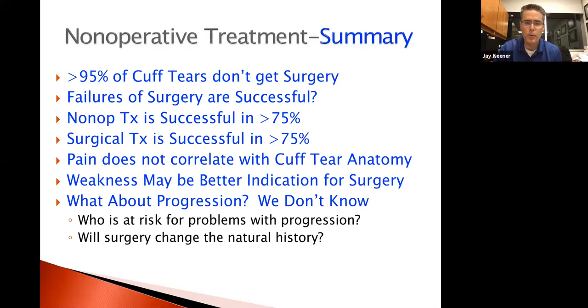I think a couple quick comments. One of the most important questions that Jed has asked is, will surgery change the natural history? And that is largely unanswered. Most studies have 2 or 3 year outcomes, and if you pool all the data, there's a 20 to 25% re-tear rate. There are 2 studies from France with Philippe Collin as the author that looked at the long-term structural results, not just the clinical results. These were isolated supraspinatus tears.